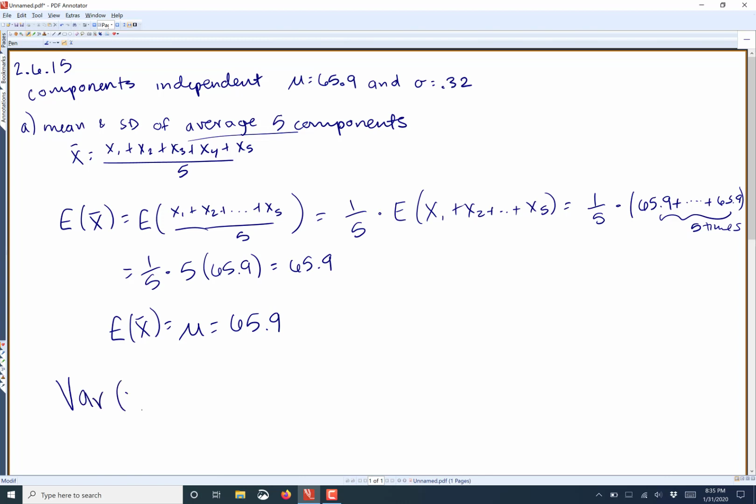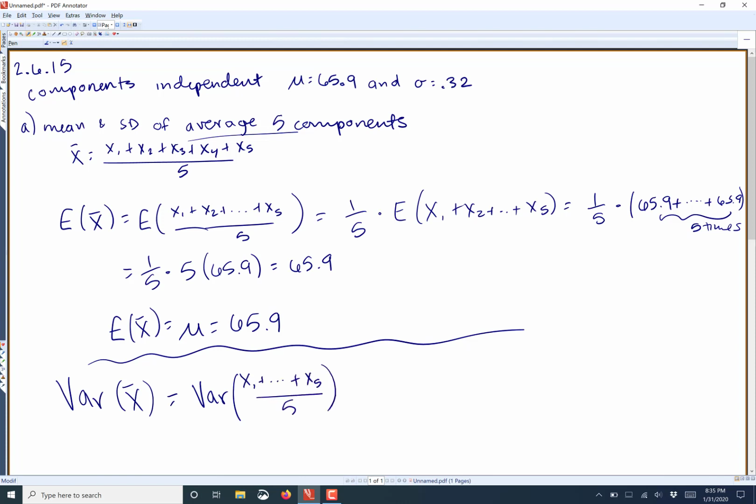Now for your variance of x bar, because we always have to do variance before we can do standard deviation, that is equal to the variance of x1 plus dot dot dot all the way up to x5 over 5. Now when you want to pull a number out of the variance, that's multiplying or dividing your variables, you have to pull it out squared.